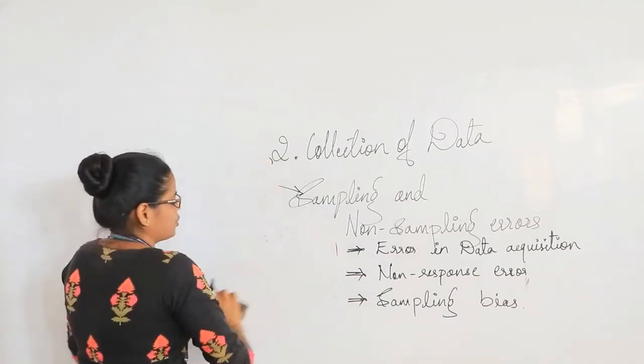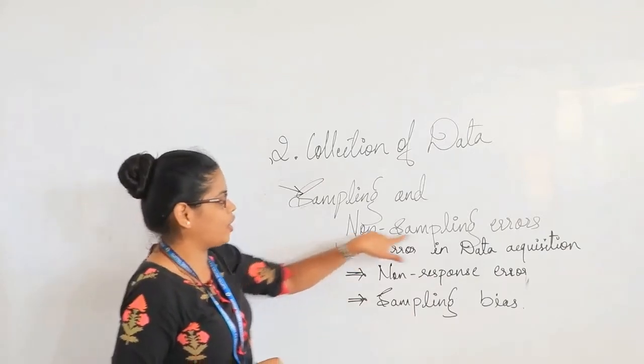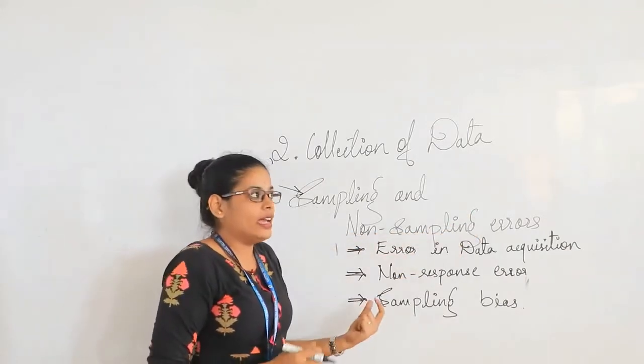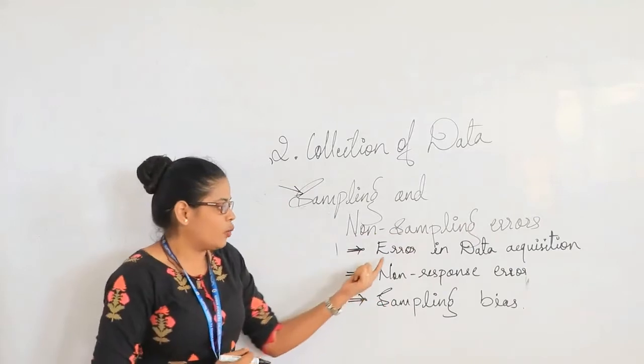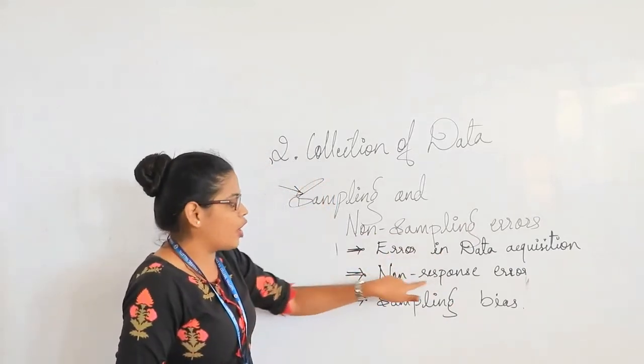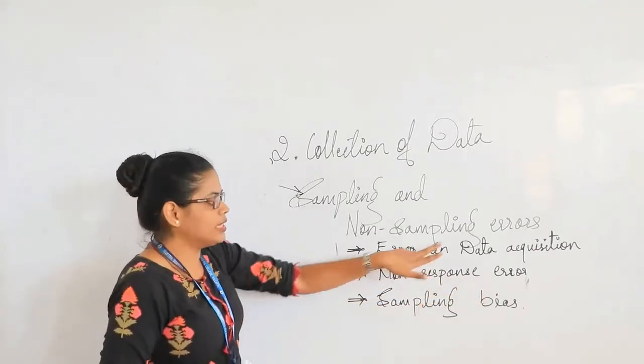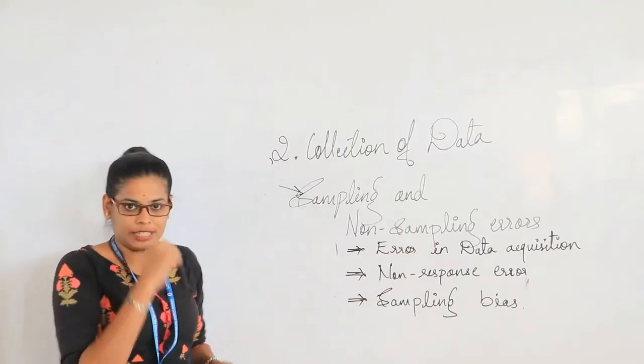Now let's move on to the next type, which is the non-sampling error. Here we have 3 different kinds. One is the error in the data acquisition, second is the non-response error, and third is the sampling bias. So what is this error in the data acquisition?